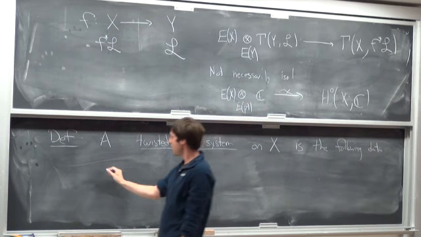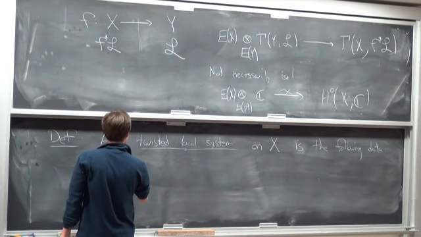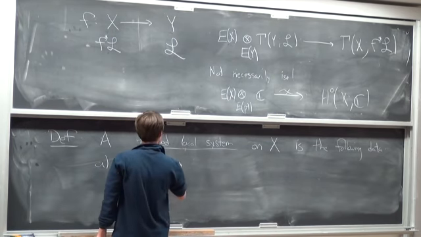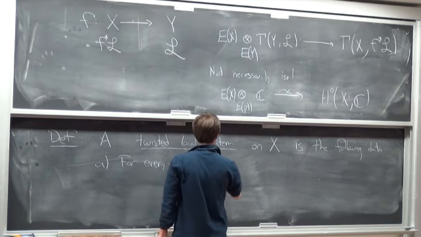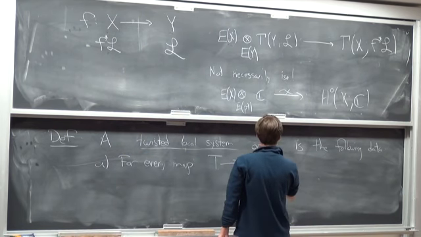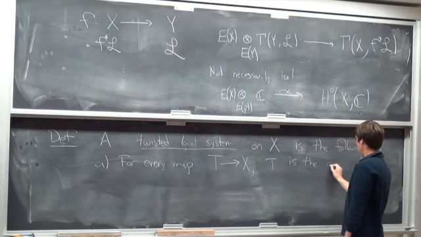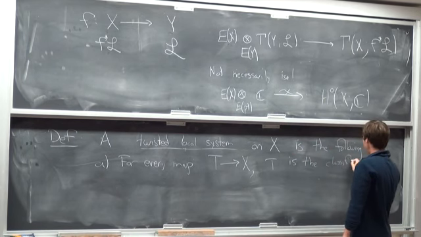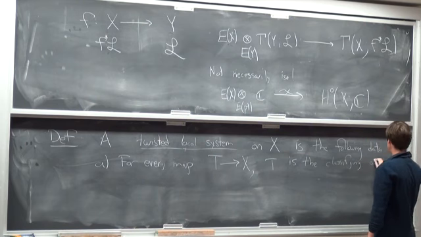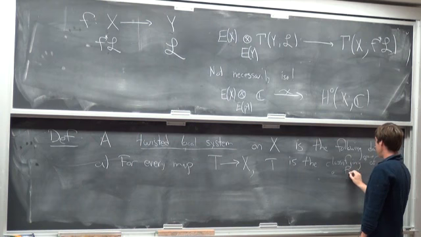A, for every map from T to X, where T is a particularly simple space, so let's consider maps from T to X where T is the classifying space of a finite abelian P group.